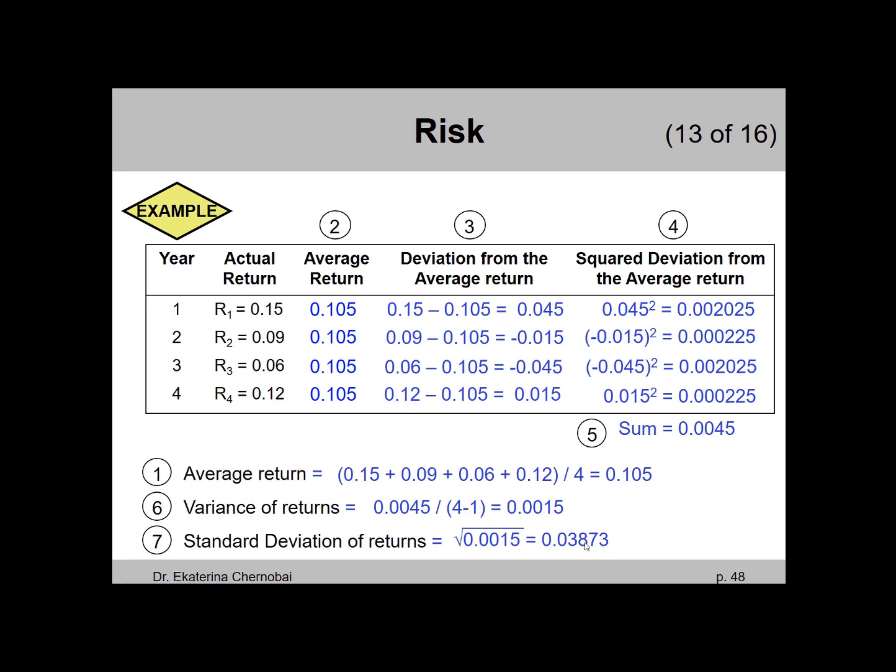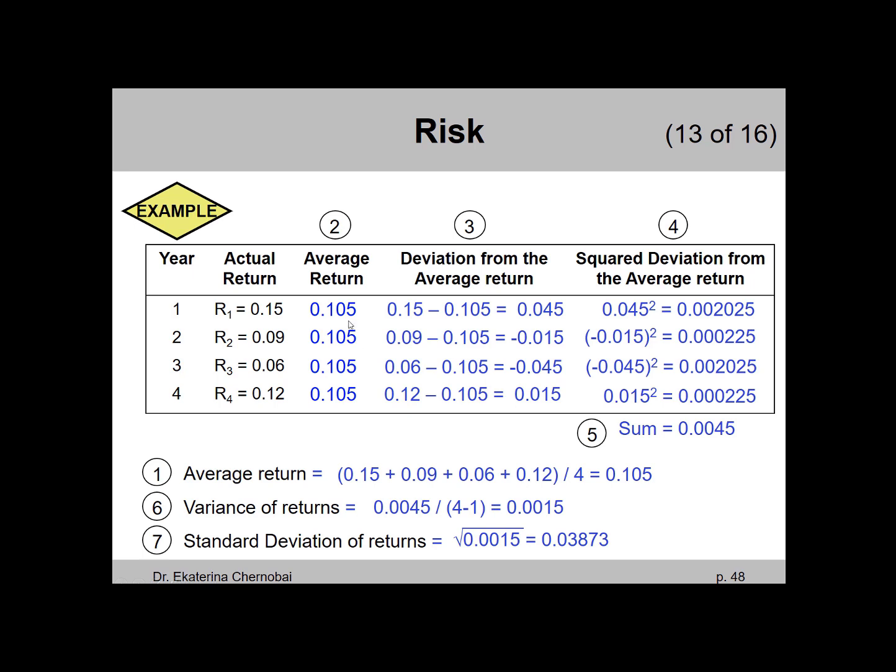3.873%, which means when you invested into such investment that produced these actual 4 returns for the 4 years, that tells us that on average the return was 10.5% per year, but the actual returns were on average 3.873%, either above or below this average, 10.5% average, either above or below.